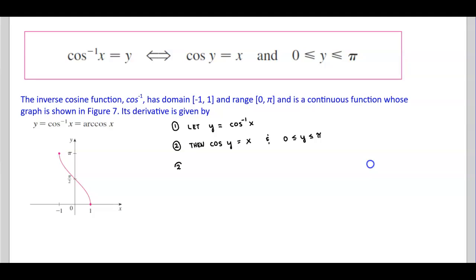Okay, so if we want to take the derivative, step 3, we have the cosine of y, which is equal to x. We're going to take the derivative implicitly, so the derivative of the cosine of y on the left-hand side, we have negative sine of y times dy over dx, and the derivative of x is going to equal 1.